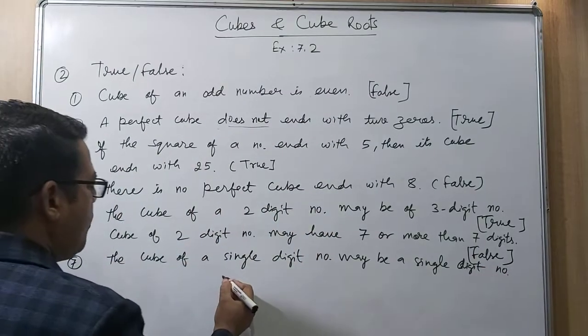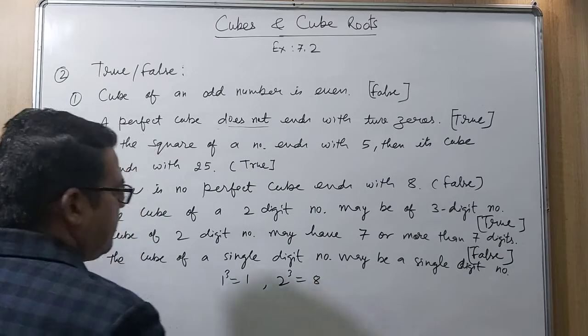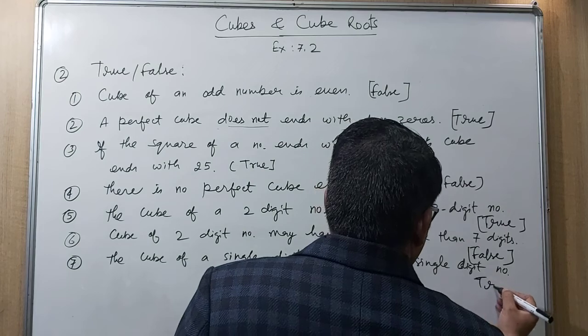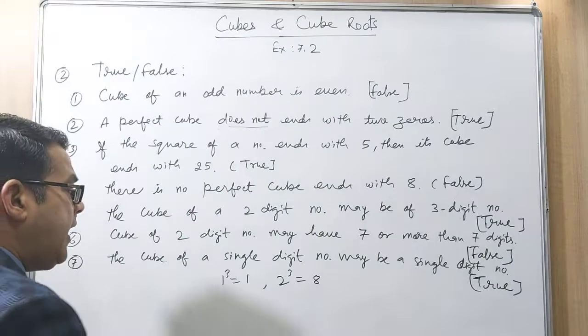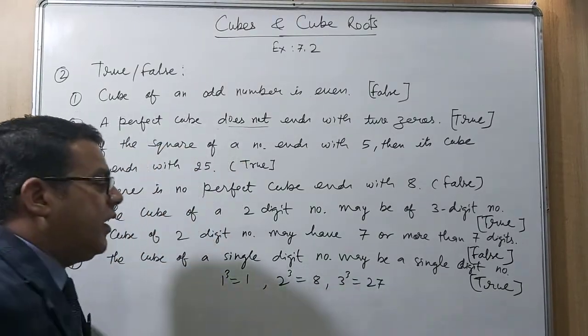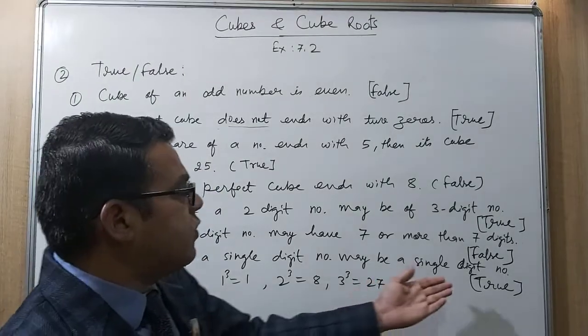You can see cube of 1, we know that it is 1, cube of 2, we know that it is 8. So we can say it is true. It may be possible for some cases, that is for 1 and for 2. And cube of 3, we know that it is 27. Here we have a 2-digit number. So for 1 and 2, it is true.